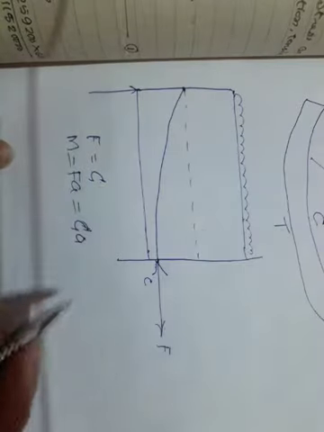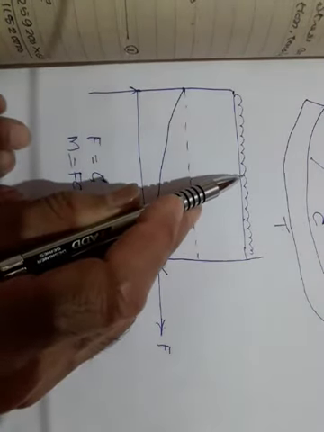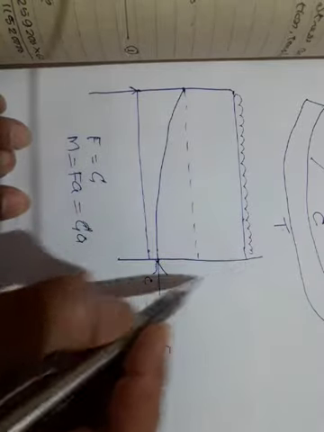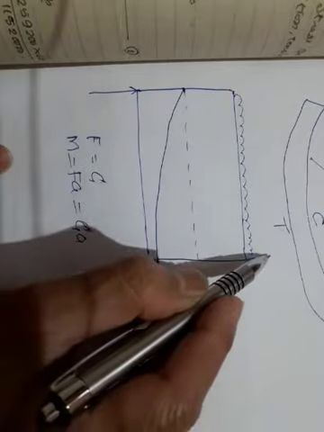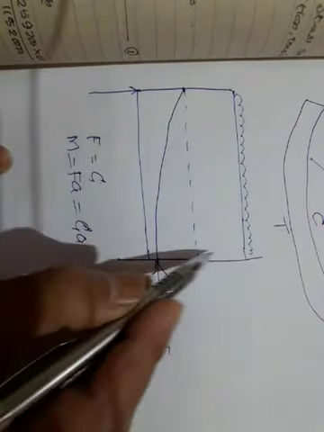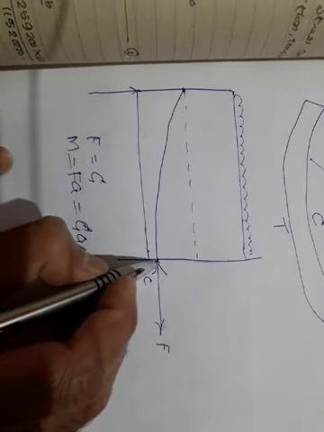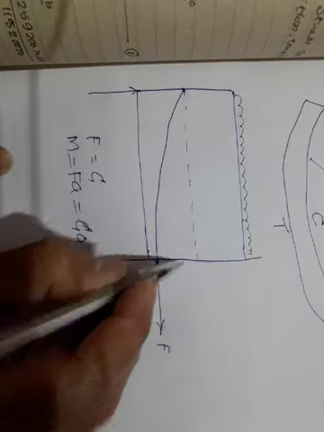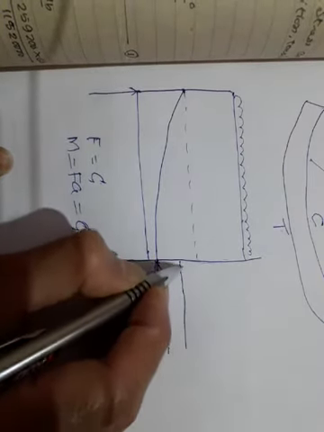This load is going to create some bending moment at this cross section. So to resist this bending moment M, this C force starts shifting up, and it will act here.